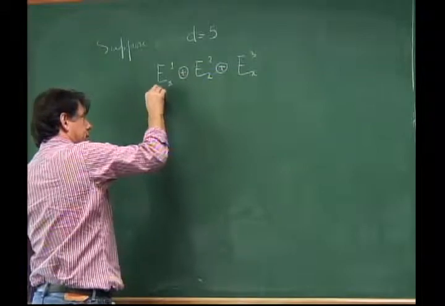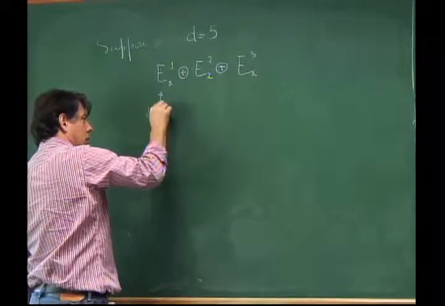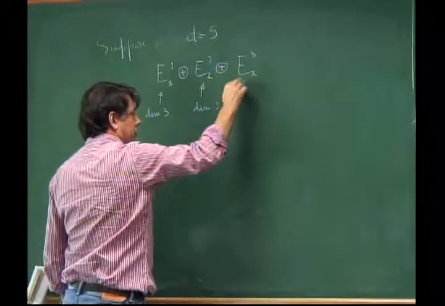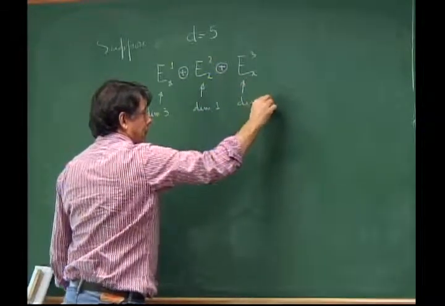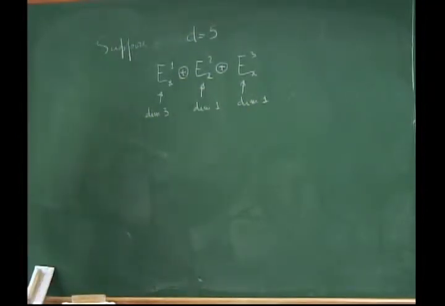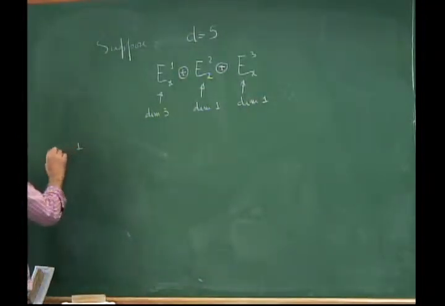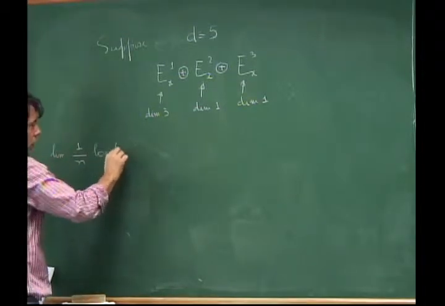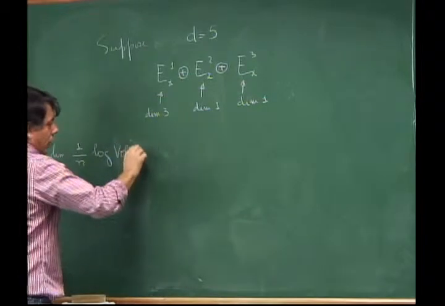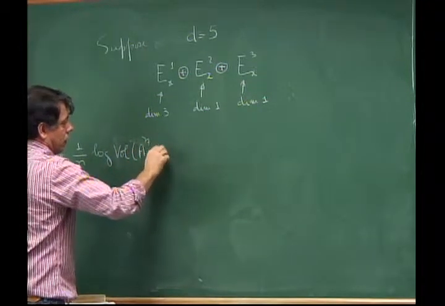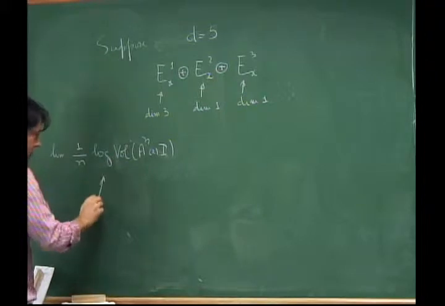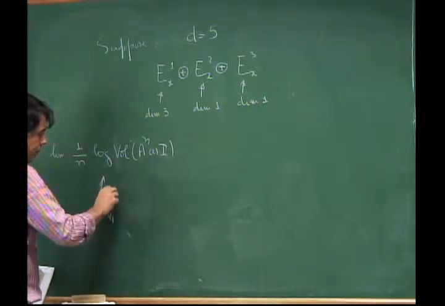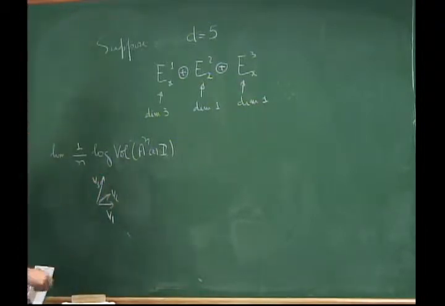E^1 has dimension 3, E^2 has dimension 1, and E^3 has dimension 1. Okay, so what are the possible values of the limit 1 over n log of the volume of A^n applied to P, where P is a 3-dimensional parallelogram? What are the possible values?